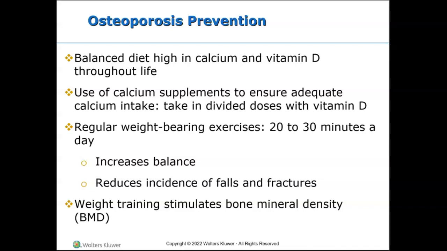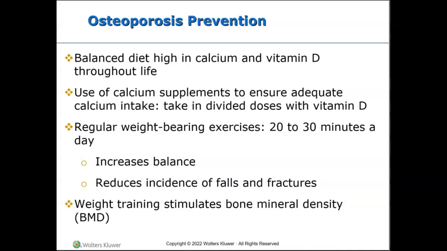Preventing falls, right? Because loss of bone strength increases the patient's risk for falls. To help prevent falls, we're going to do all these exercises like we talked about, yoga, Tai Chi.